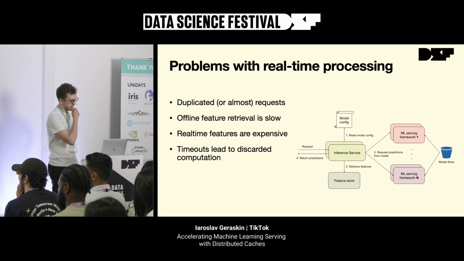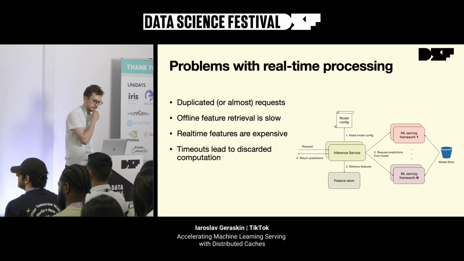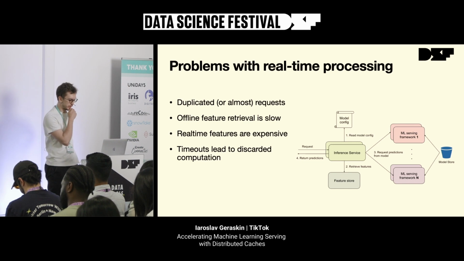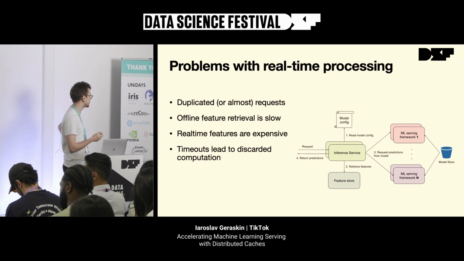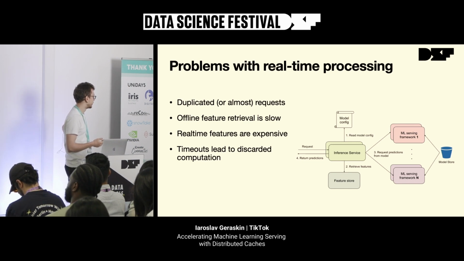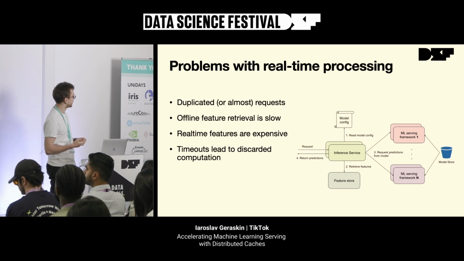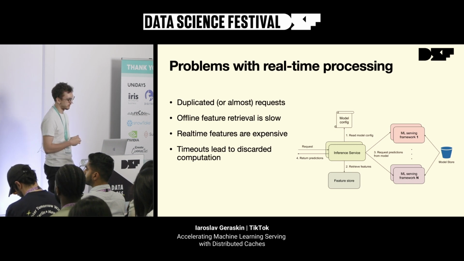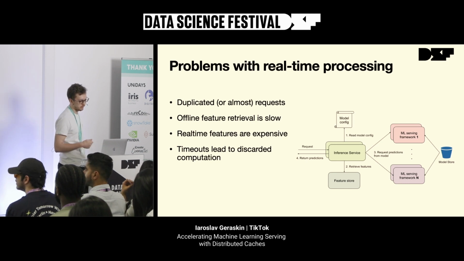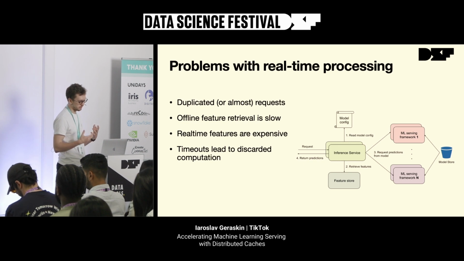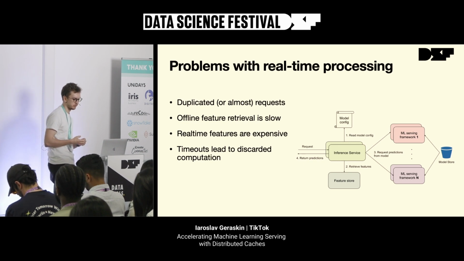And the other problem is that offline feature retrieval is slow. So when we need to retrieve a lot of features from a feature store, some of them can be obtained with a lot of latency, even compared to machine learning model inference. So maybe getting the feature from the storage actually takes more time than computing the result with a machine learning model.